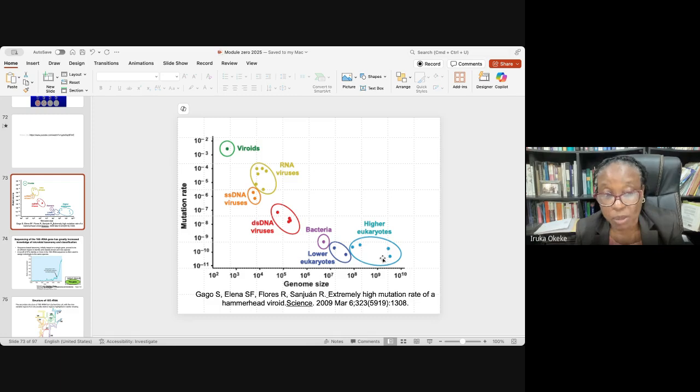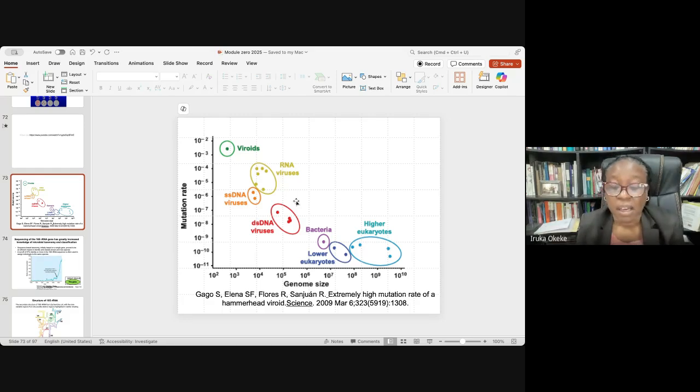And we'll talk about why in a minute. Bacteria have a low mutation rate, but slightly higher than multicellular organisms. And then viruses have much higher mutation rates, lower fidelity of replication. And we mentioned before that the RNA viruses have the highest mutation rates.